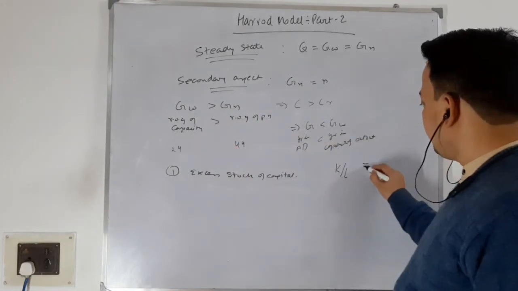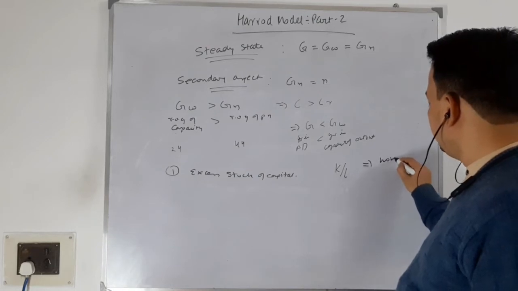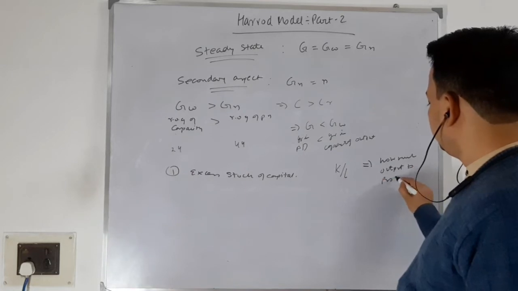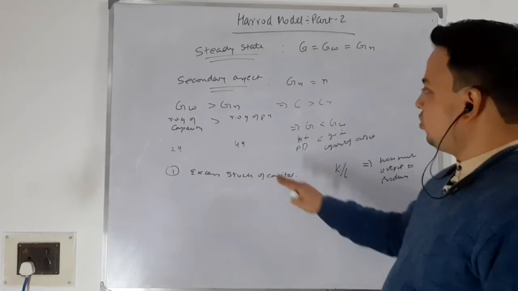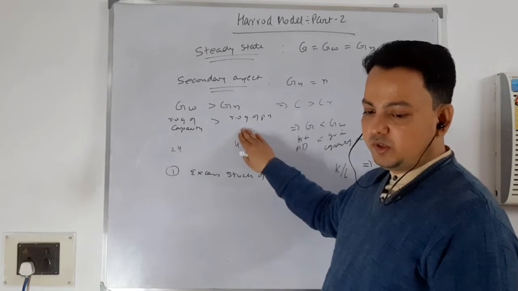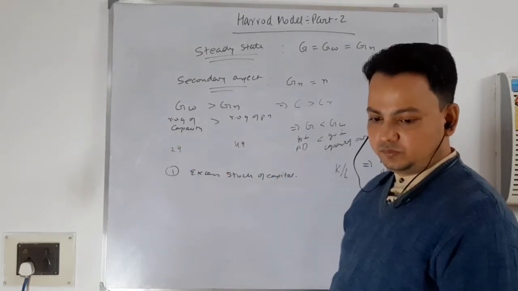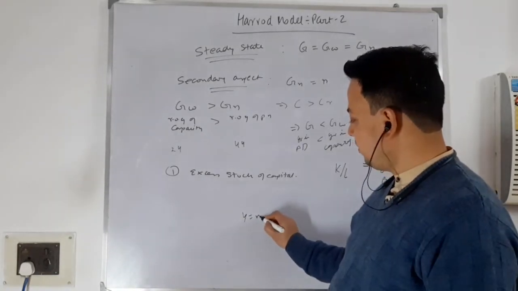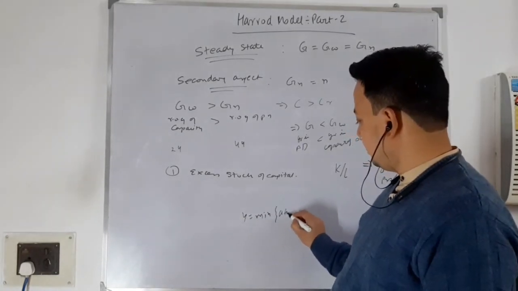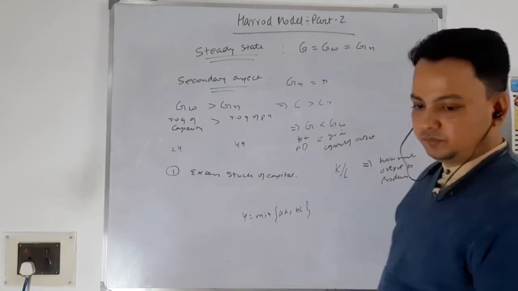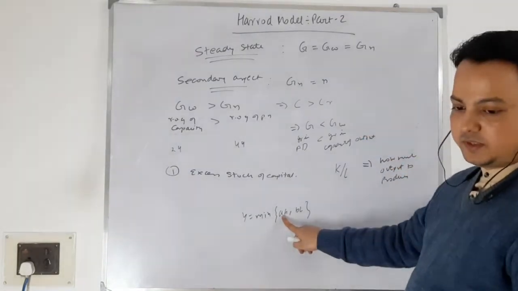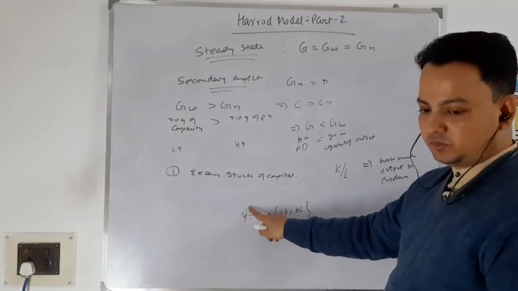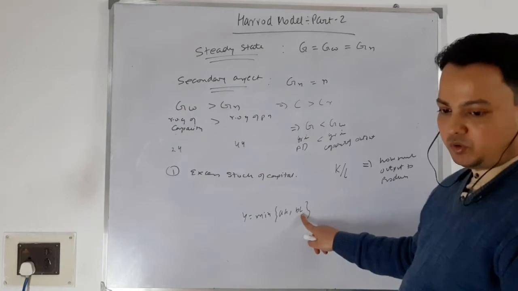Then, if I am determining how much output to produce, on what factor will it depend? It will depend on population growth or capacity growth. Remember, I have done Y equal to the minimum of AK, Bn. Here I am saying that growth in capacity is more than growth in labor force. So the determination of output will be based on growth in labor force.